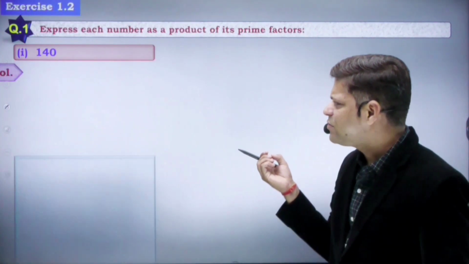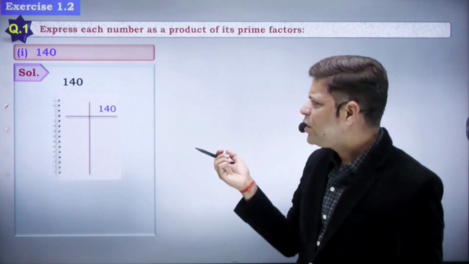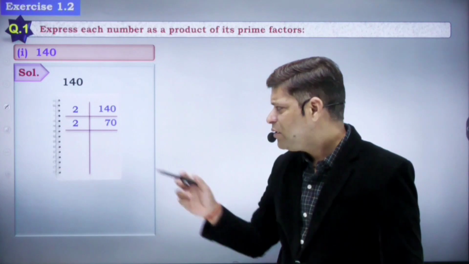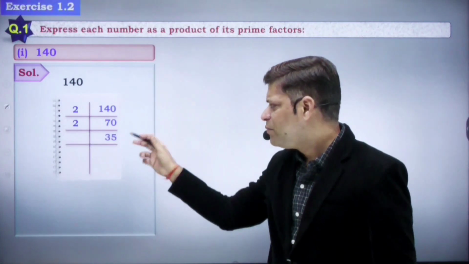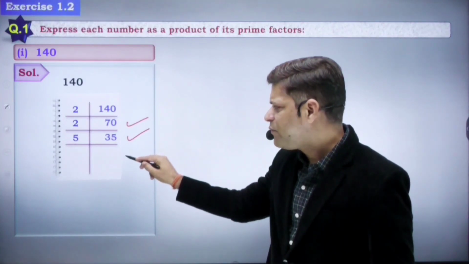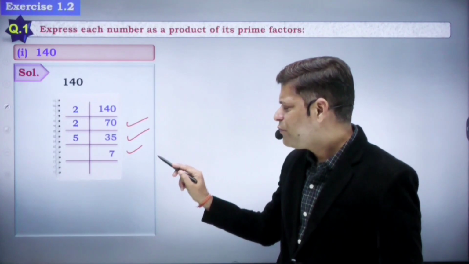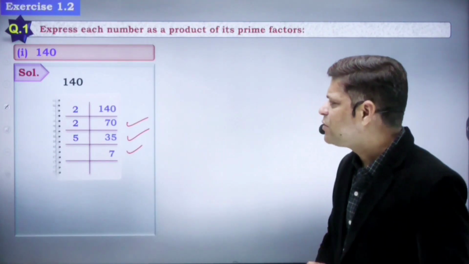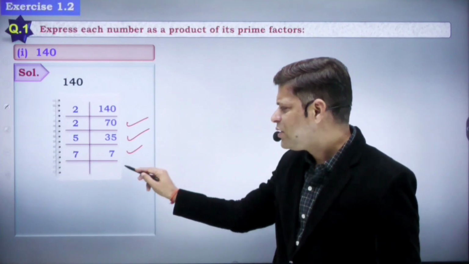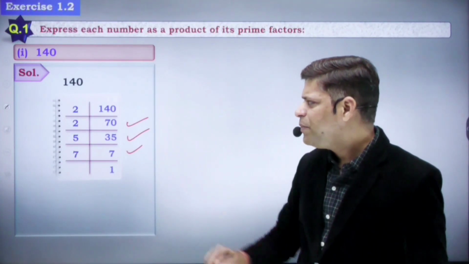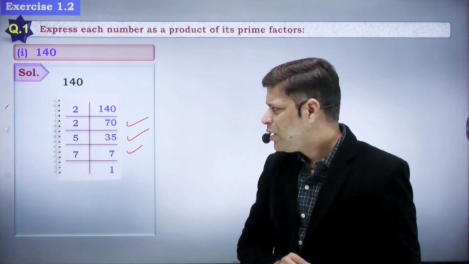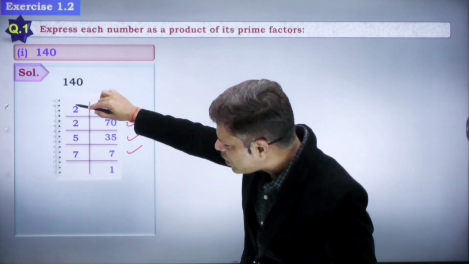So we factorize. Now 140 divided by 2 is 70. Then again 70 divided by 2 is 35. Then 35 divided by 5 is 7. Then 7 divided by 7 is 1. So finally we found that the prime factorization of 140 is 2 multiplied by 2 multiplied by 5 multiplied by 7, and 2 comes 2 times.